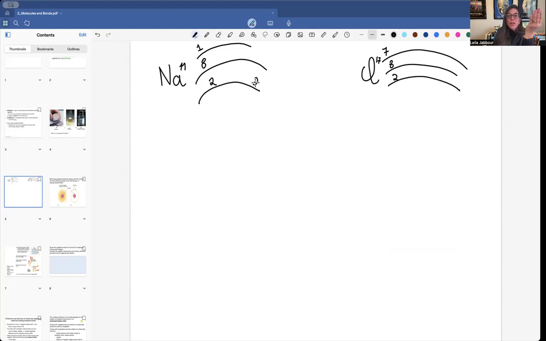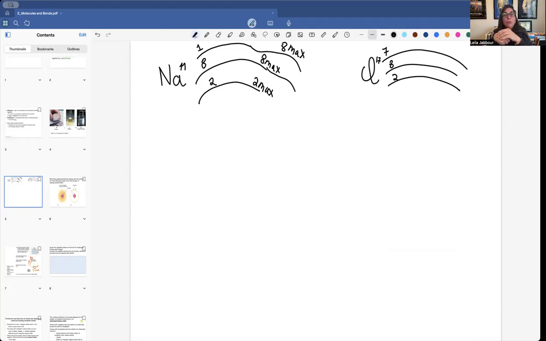So the first shell is 2 maximum. The second shell is 8 maximum, and same with the third shell. Okay, so each shell can hold only up to 8 after the first shell.